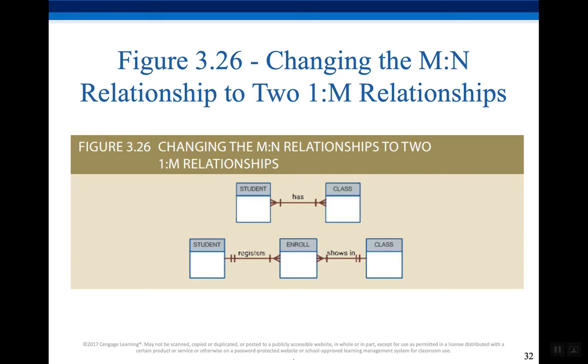You can create these as single relationships and then combine them together. So if a student enrolls in a class, it shows in the class enrollment. There are a couple of different ways to look at this, depending upon what you're trying to model. You have a lot of flexibility to show different things in different ways.